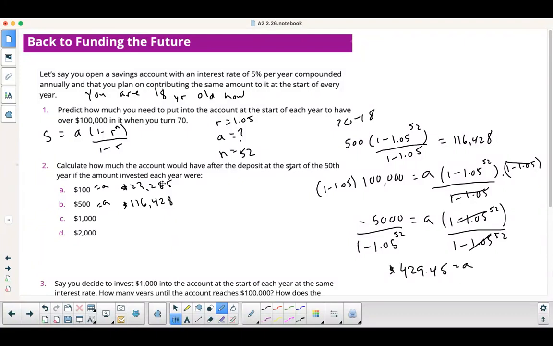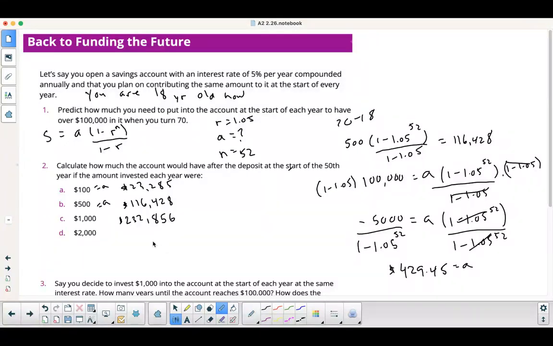If I change it to 1,000, you'd have 232,856.